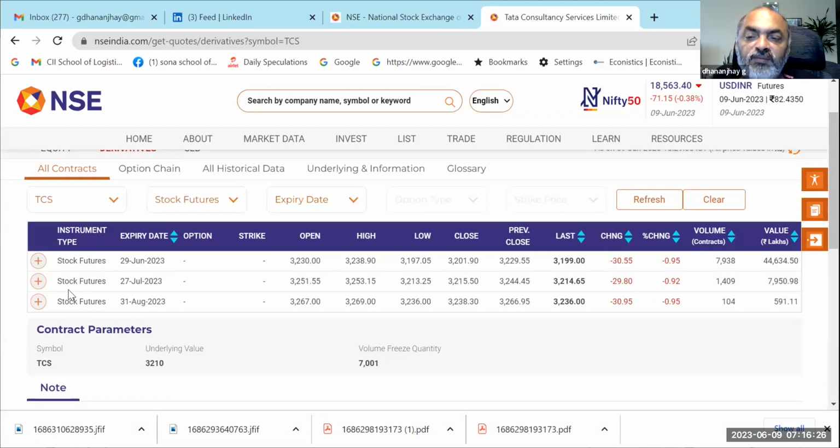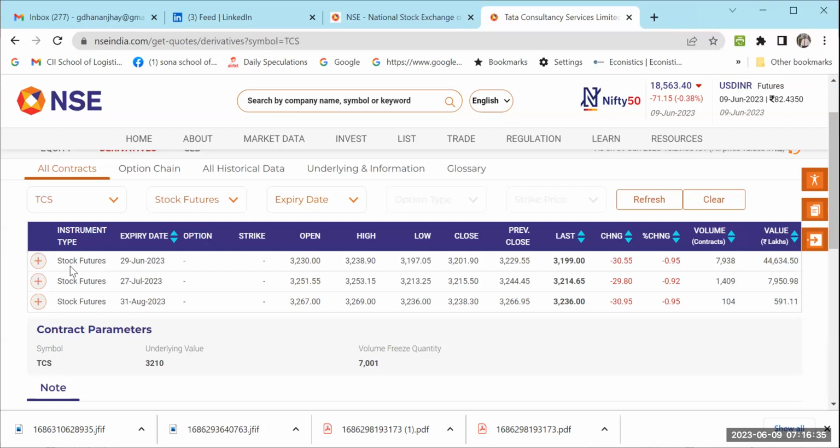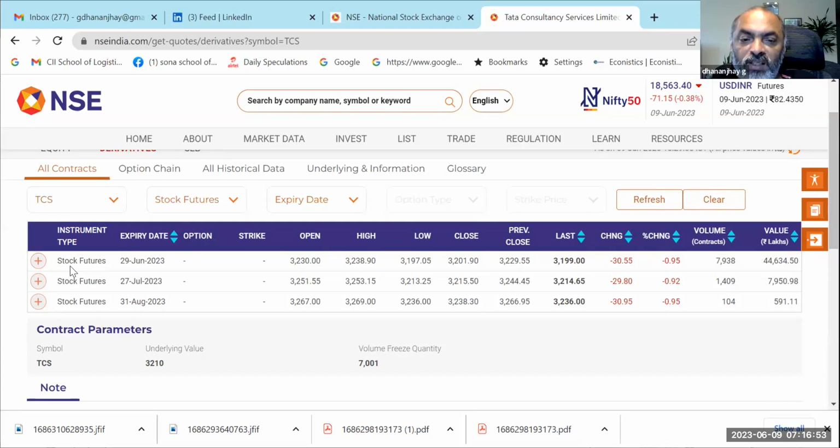Now all of you see here, what is the instrument type? Stock futures. So earlier you have seen index futures. So there are 4 types of instruments in NSE: index futures, stock futures, index options, stock options. You just note down roughly 4 types of instruments.